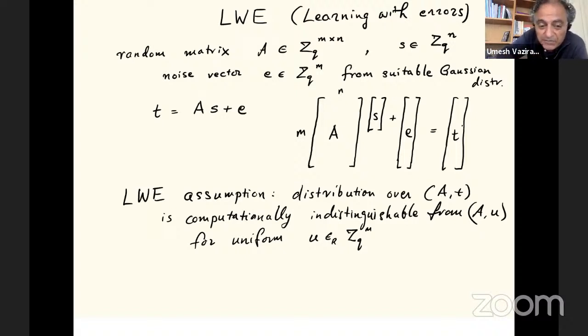So the LWE assumption says that if T equals AS plus E, then this pair A comma T is computationally indistinguishable from A comma U, where U is a uniformly random vector.